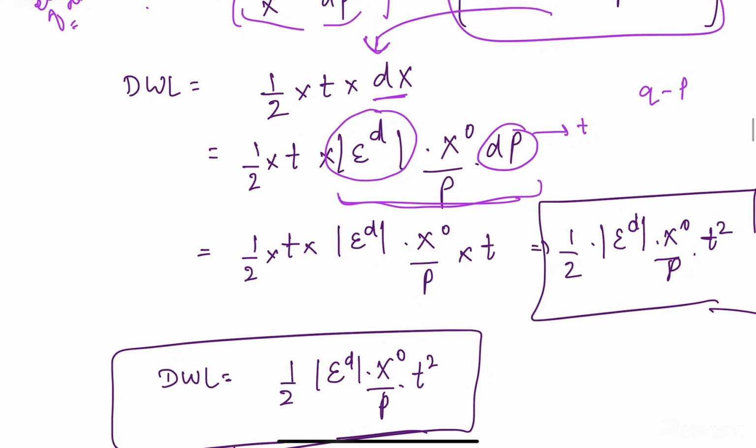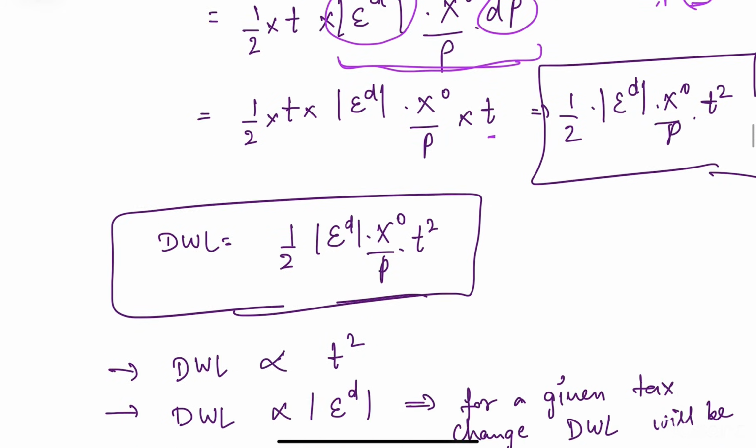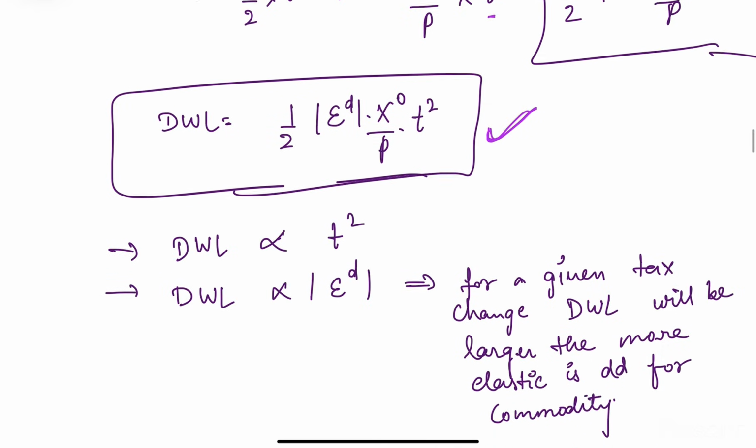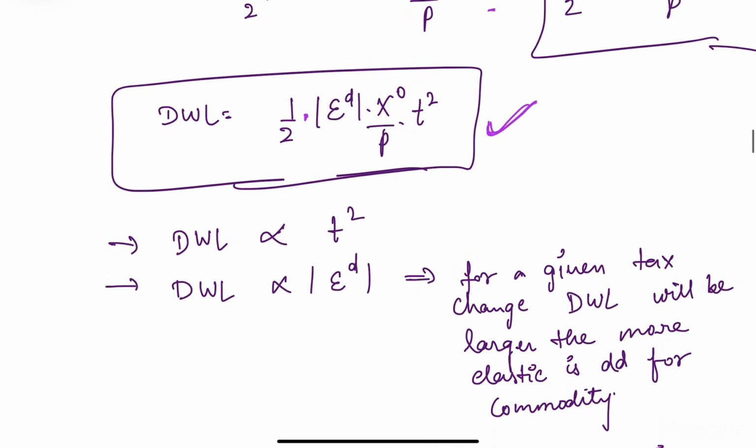Change in price is what? Q minus P. Q was P plus T, so Q minus P is equal to T only. So we have put in T here. So this is the final formula for deadweight loss, that is one upon two multiplied by the elasticity of demand, multiplied by x naught, the initial consumption, upon the price, into tax squared. This is the deadweight loss.